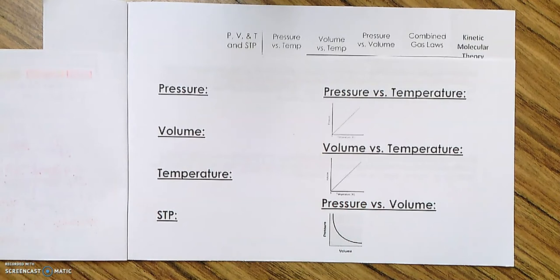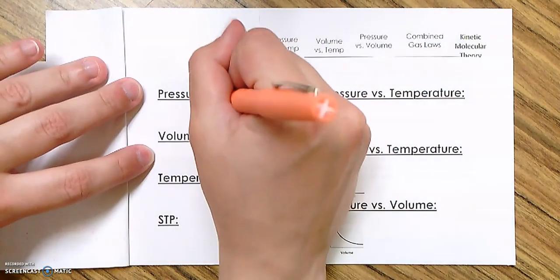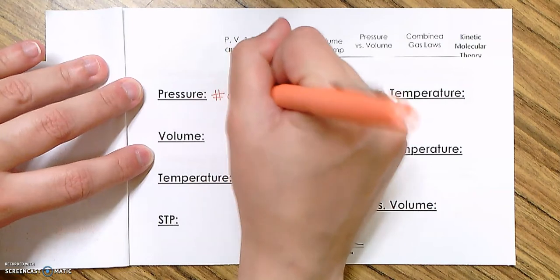So when we think about pressure, if we think back to our kinetic molecular theory discussion, we talked about those collisions, either with other particles, so gas particle to gas particle, or gas particle to the wall of its container. When we're talking about collisions, we're talking about pressure. So pressure is going to be the number of collisions.